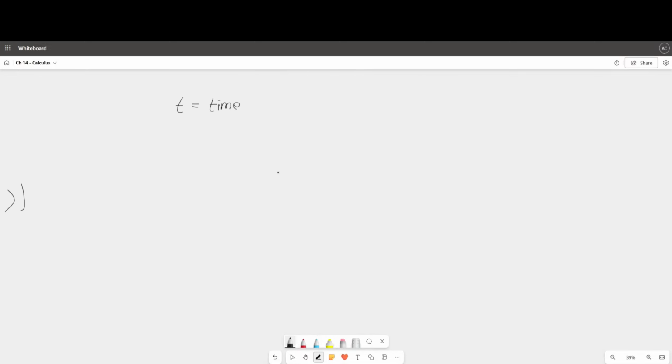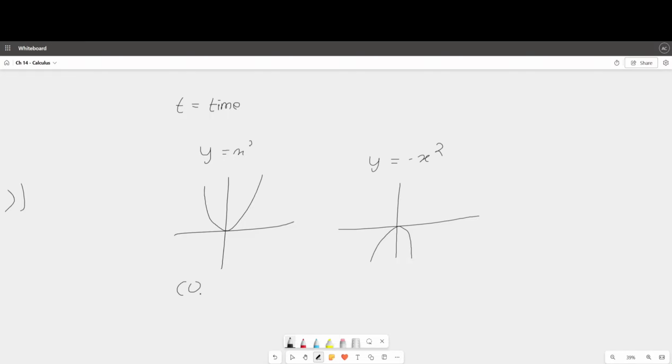Okay, now let's talk about the second derivative. So if we look at these two curves here, we'll recognize this. Y is equal to x squared, y is equal to negative x squared. So they have the same stationary point of 0, 0, but there's a difference. See, this starts off with a negative and then goes to positive. This one starts as positive and then goes to negative.